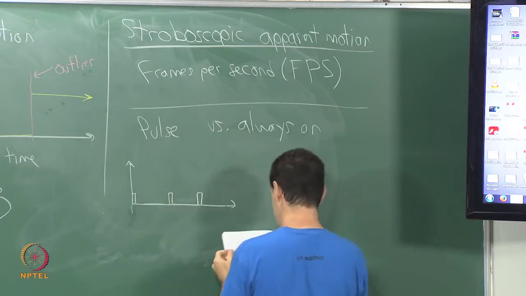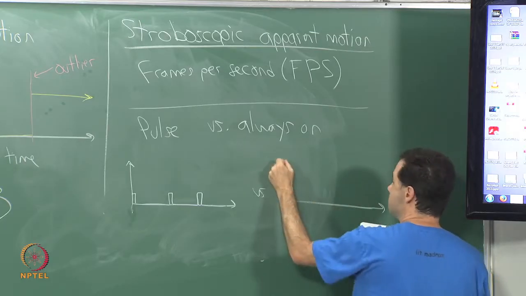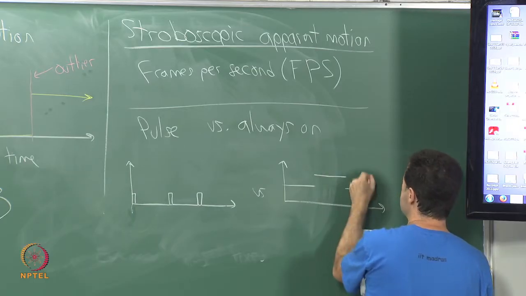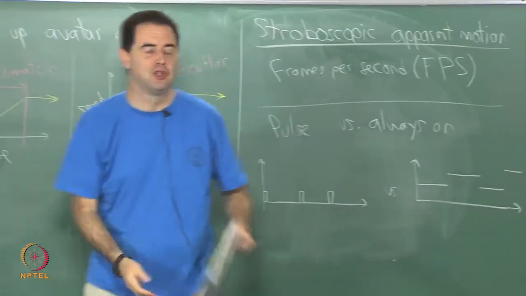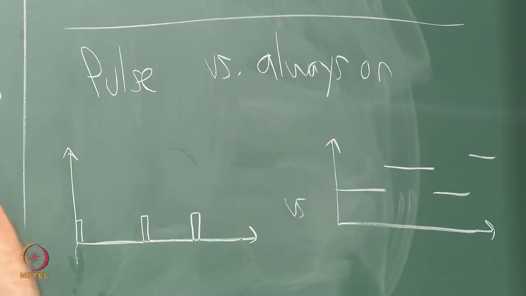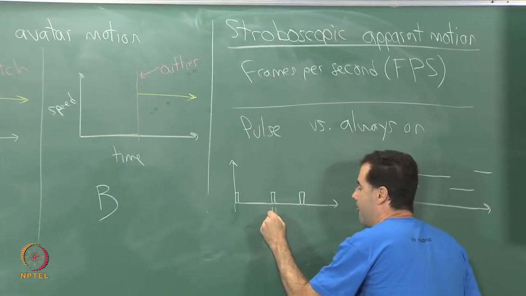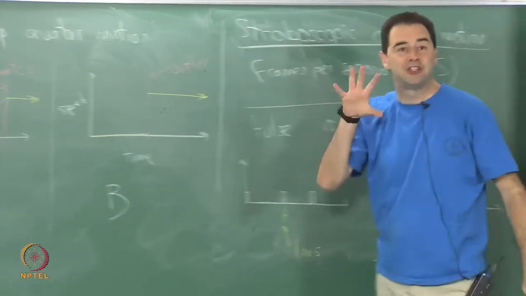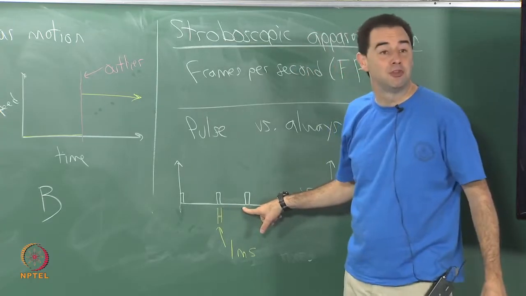This is the pulsing case, versus the always-on case. If I were just flipping pictures to you, here's what this would mean. Inside of a very small interval, so maybe this is 1 millisecond, I just flash an image at you. I just flash an image for 1 millisecond, and then the rest of the time it goes blank.